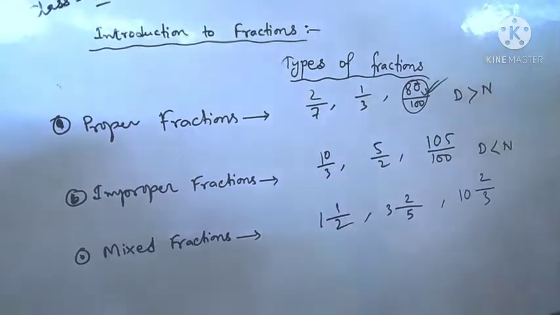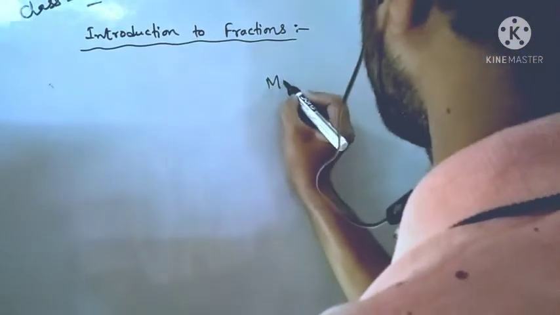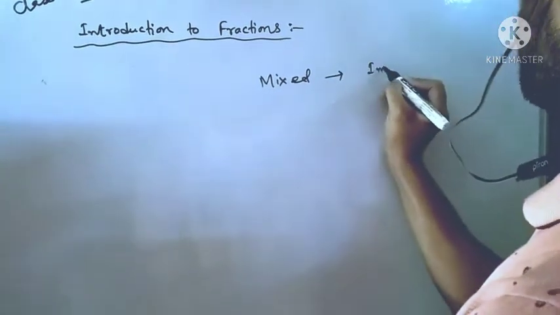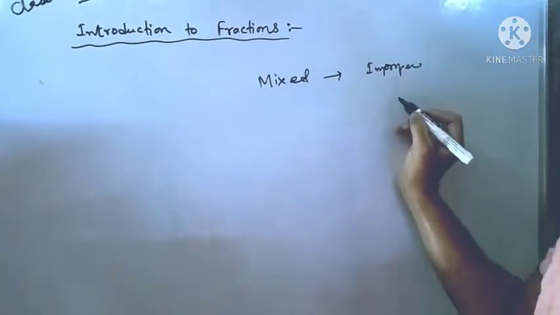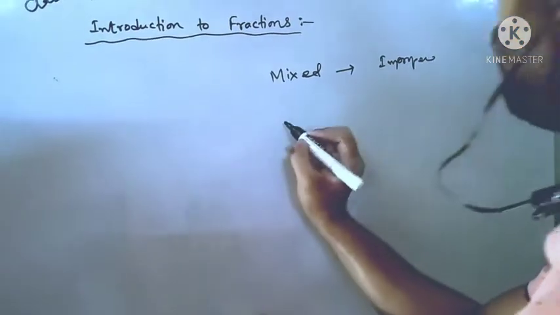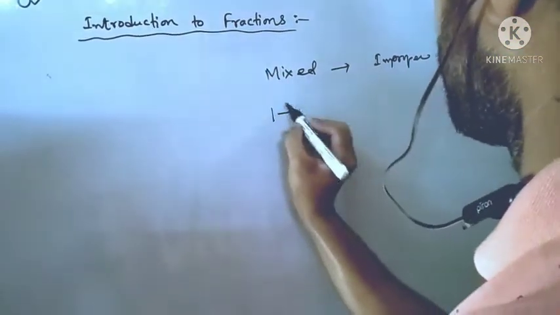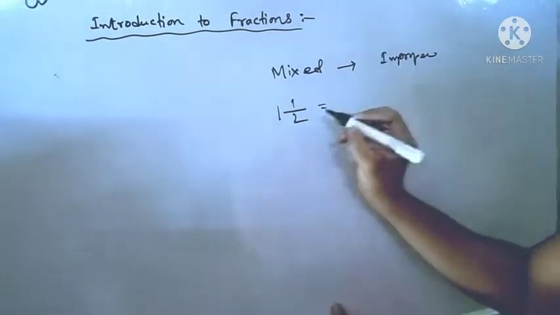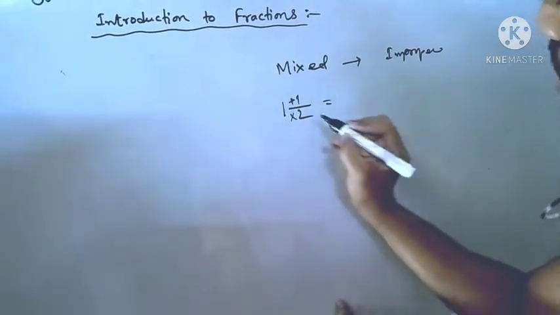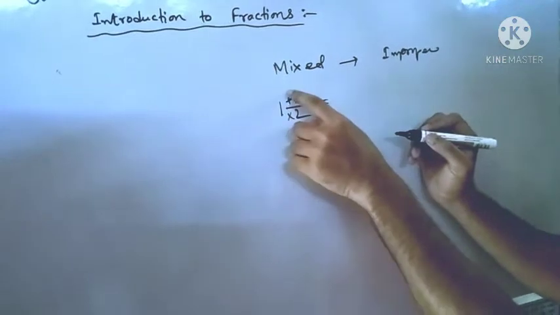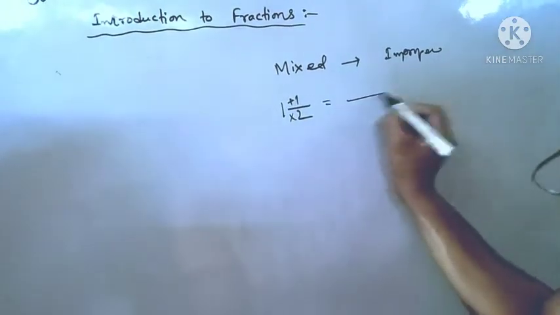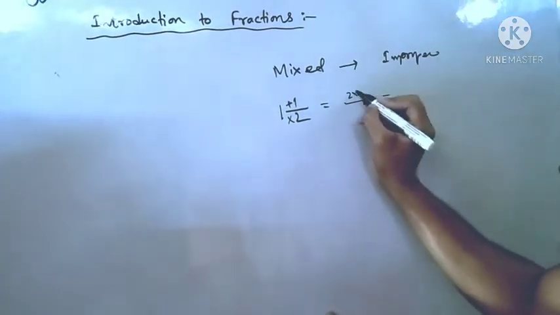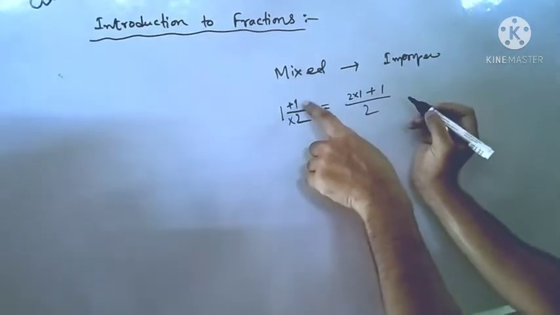Okay, now we write mixed fractions as improper fractions. Mixed to improper. We take a mixed fraction. The rule is you have to multiply with this number and add the upper number. The denominator remains the same, so 2 into 1 plus 1.